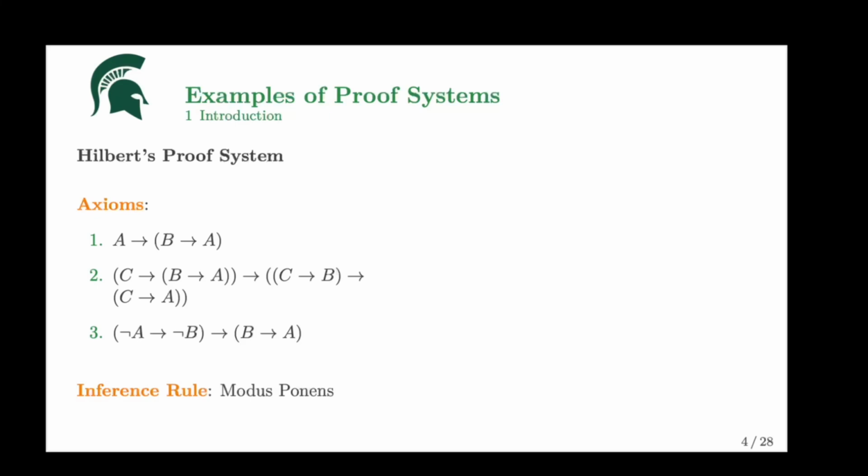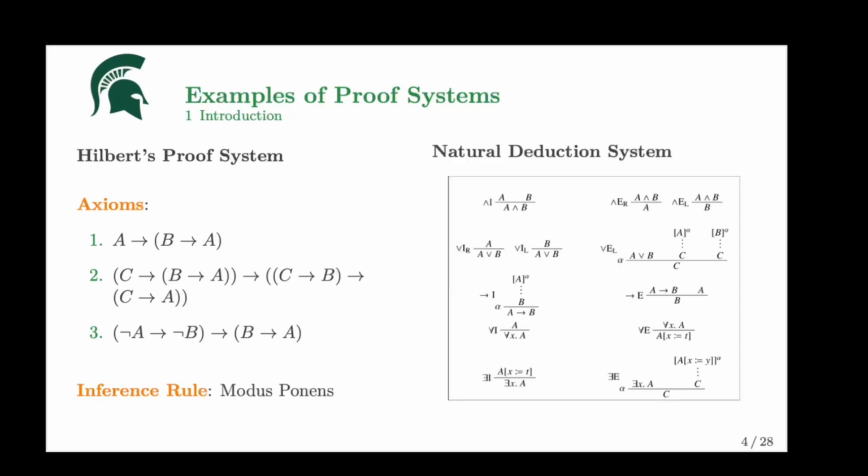First, we have Hilbert's proof system, which consists of three axioms, as it is shown, and one inference rule, which is modus ponens. Another example of a familiar proof system is natural deduction, which is composed only of inference rules. Many consider this to be a better proof system, as it doesn't assume anything about the statements of the language.